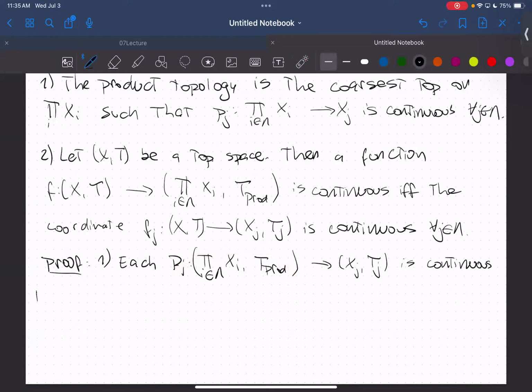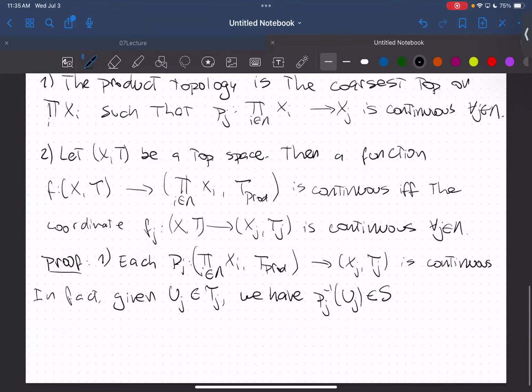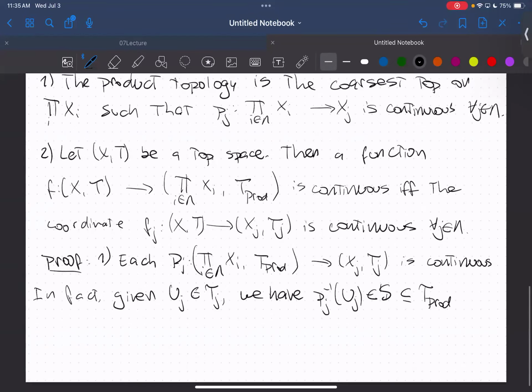In fact, given Uj in Tj, what we know is that the preimage of that open under this function that we want to show is continuous is an element in S, which is of course a subset of T-prod, because T-prod is the smallest topology containing S. And that's all we need to show. And that's what it means for Pj to be continuous. So that's for free.